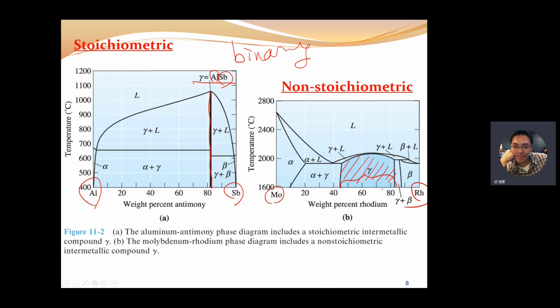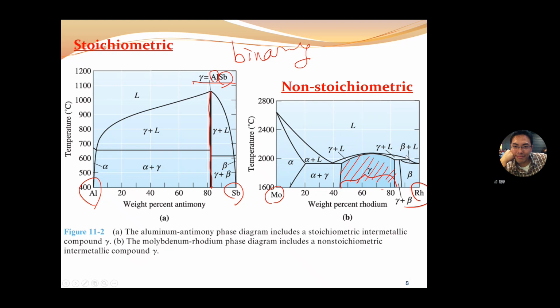The intermetallic compound gamma. Of course, the stoichiometric intermetallic compound provides a higher mechanical strength than that of the non-stoichiometric intermetallic compound.